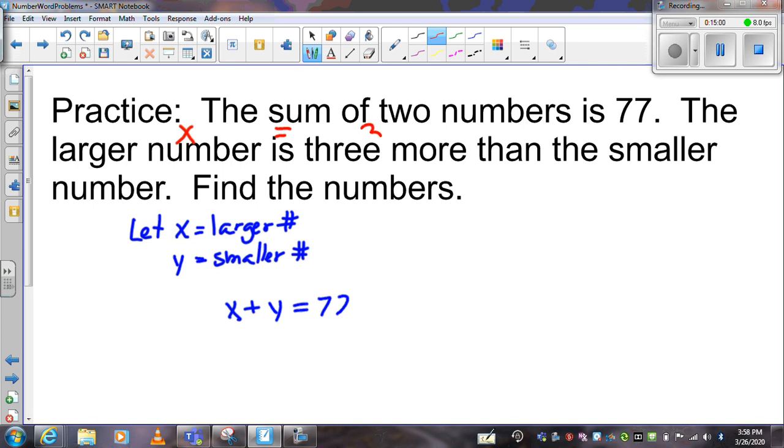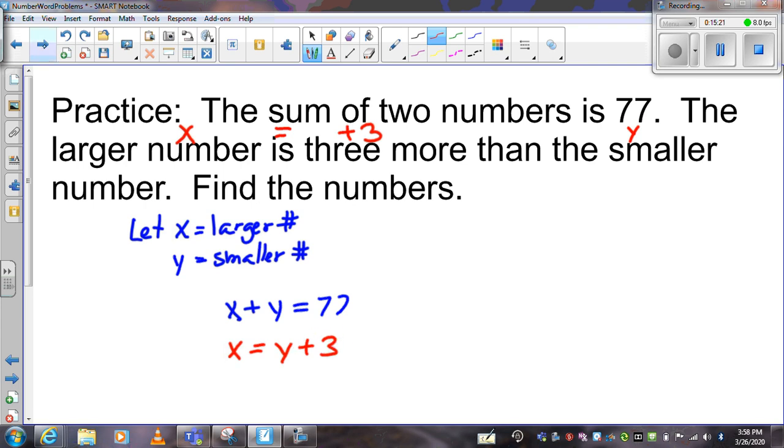More than means I'm adding 3 to something. Well, it's 3 more than the smaller number. So the smaller number is y. So this would be x is equal to y plus 3.